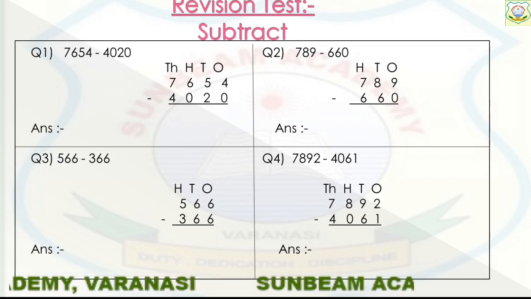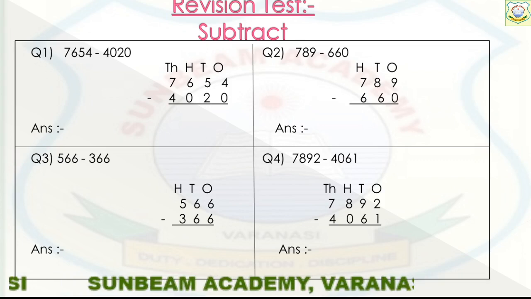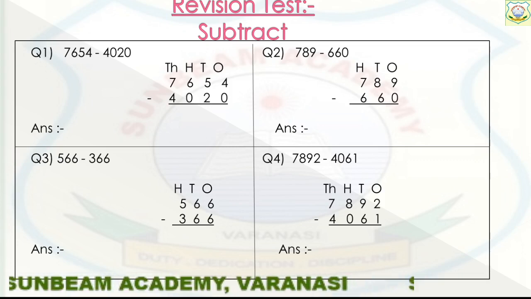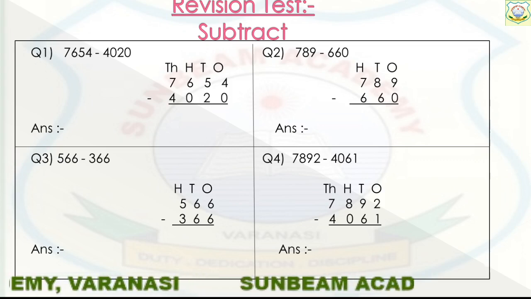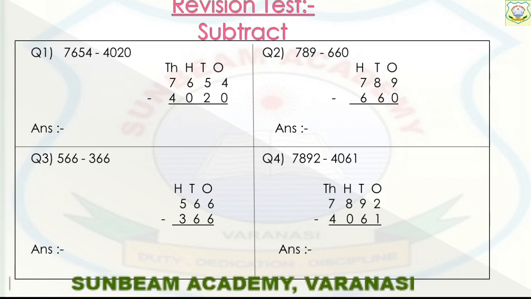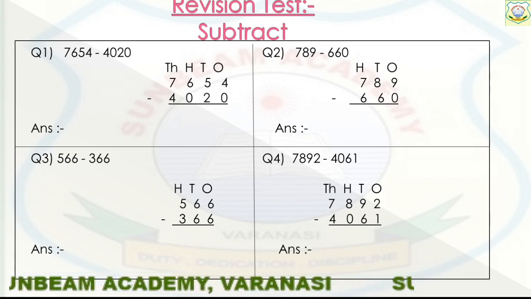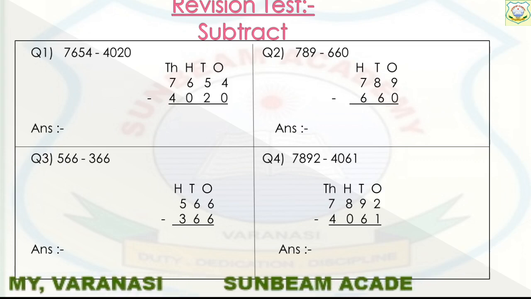The next question is 789 minus 660. Subtract and write the answer. And you have to show the subtraction. Don't write direct answers, okay? You have to show the subtraction. Fine? Do it.